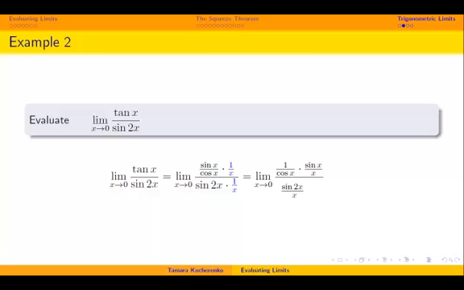In the denominator, we have sine of 2x over x. As in the previous example, we write it in the form sine theta over theta. To do that, we divide and multiply this fraction by 2.